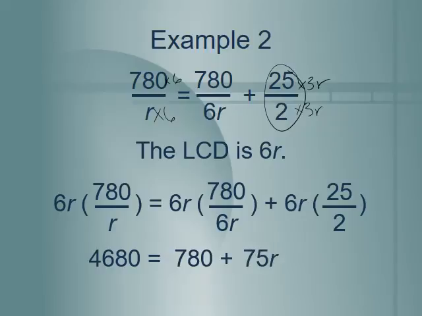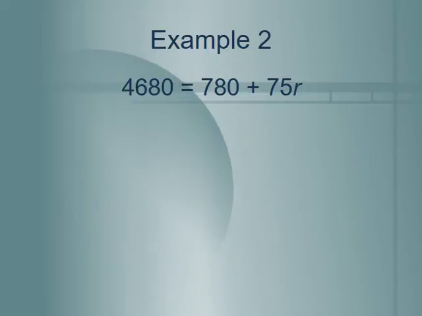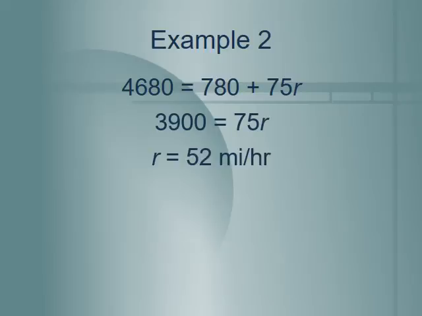And when we do that, we end up with this equation right here. And when we divide that out, we decide that R is 52 miles per hour. Now, if you'll remember, the R was our car rate.